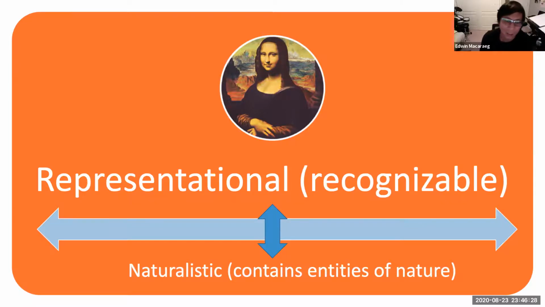So humans, plant life, ocean life, the earth itself, naturalistic. So representational is the most, I like to say that it is a standard image.